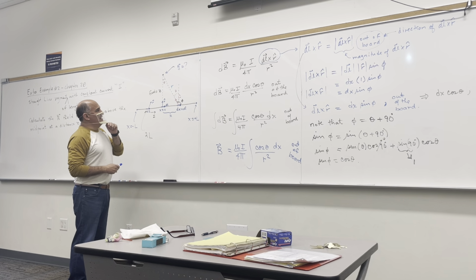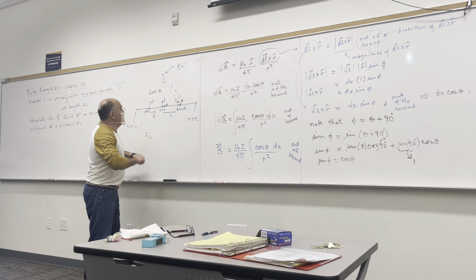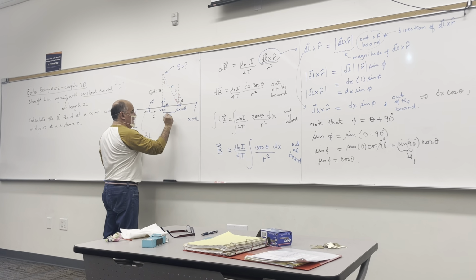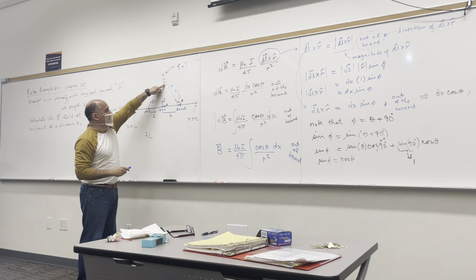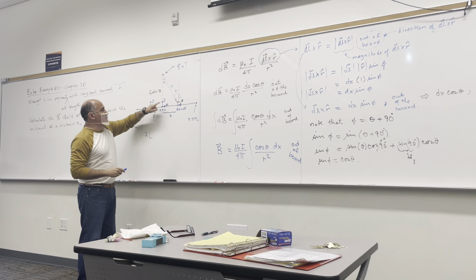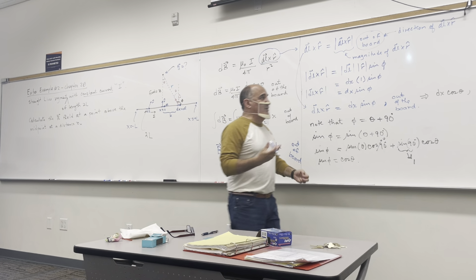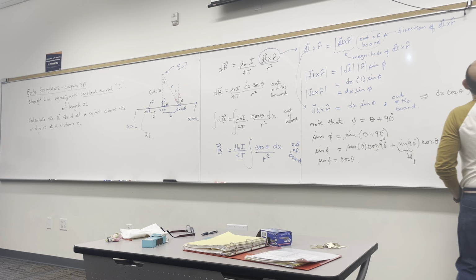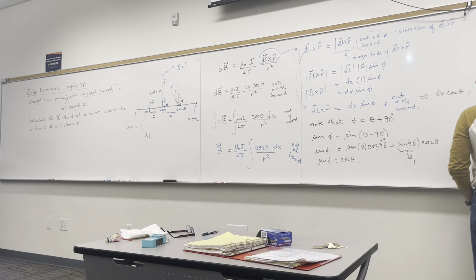Well, notice that a relationship between x and theta is that, with a fixed quantity, the tangent of theta is the opposite over adjacent. It will be the tangent of theta equals x over z, where z is a constant, right? I mean, it's a fixed quantity. So note, the tangent of theta is x over z.